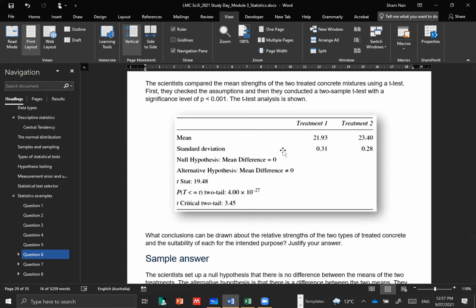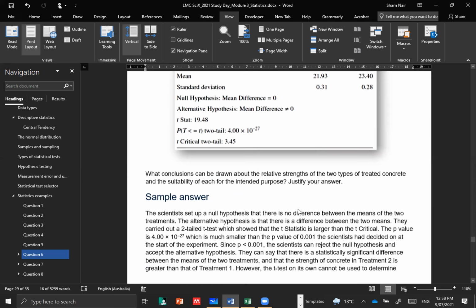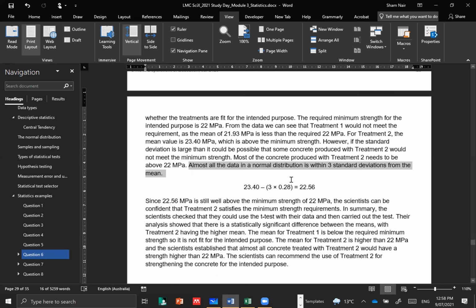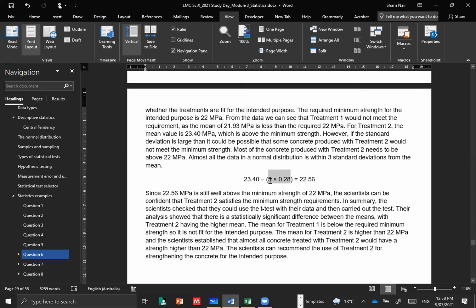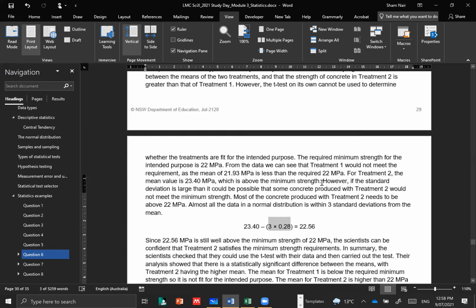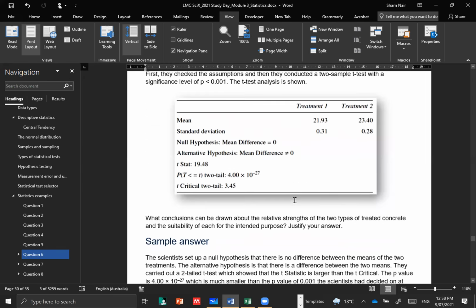So what they've done is take the standard deviation, 0.31 or 0.28, and multiply it by 3. So that's 0.28 times 3, so 3 standard deviations. They subtracted that from the mean, which is here, 23.4.